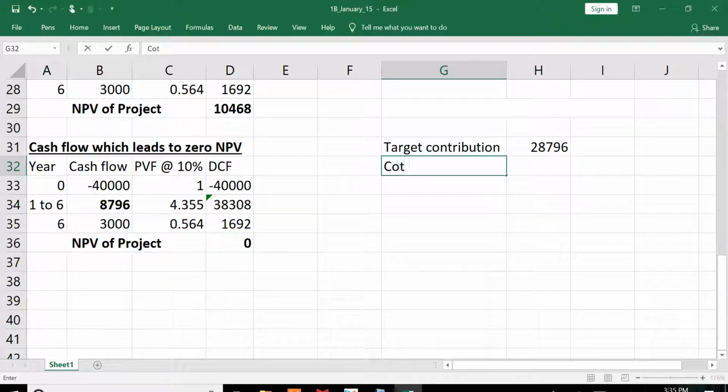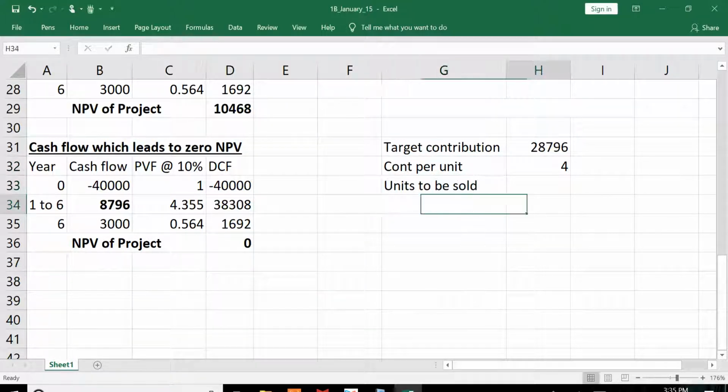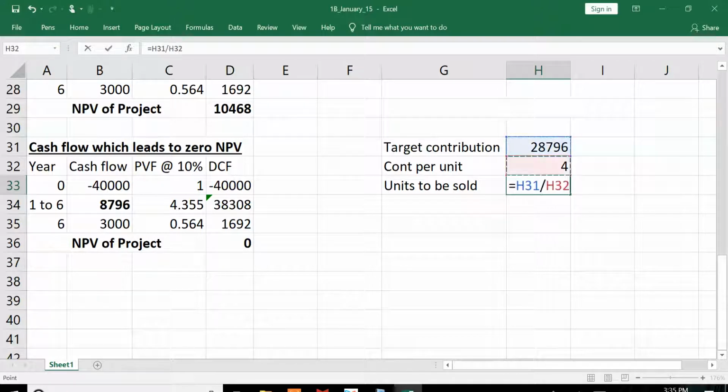Listen, contribution per unit is 4, and units to be sold is this divided by 4. 7,199 units I have to sell to break even. We worked with 7,800, but 7,199 is the minimum volume. I can also assume X and do it, I'll get the same answer. I need a profit of 8,796, which means I need a contribution of 28,796.